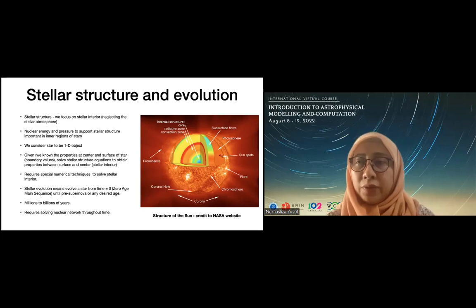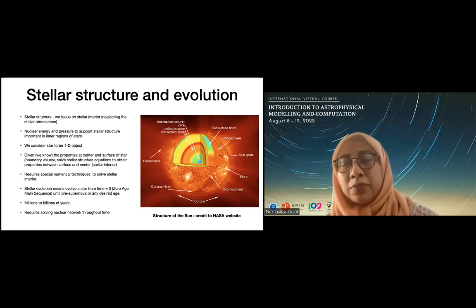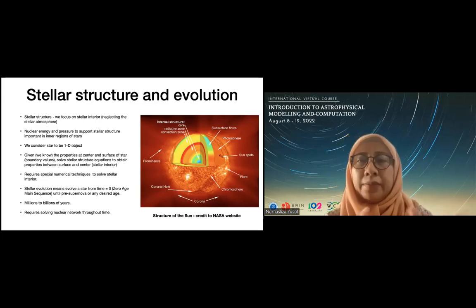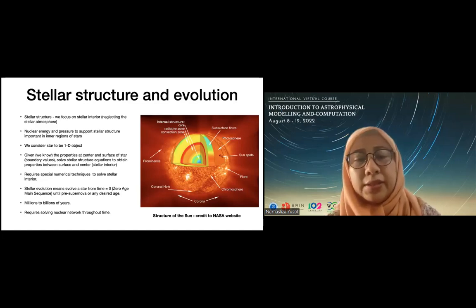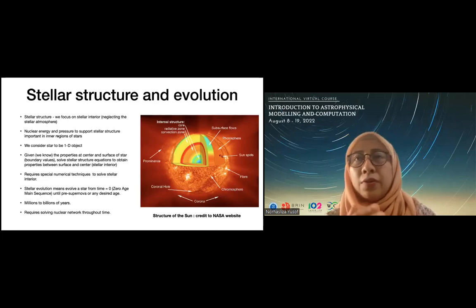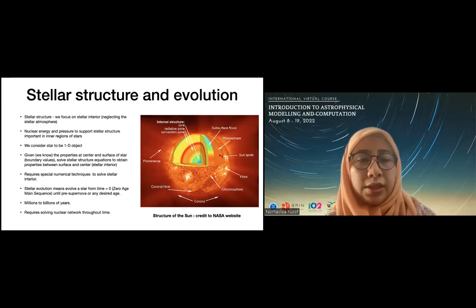First we have to build the structure, and then we have to evolve it with time. This means that stellar evolution evolves from time zero. Although now we can also evolve from the pre-main sequence, which is negative time, here we consider first time zero. This is also known as the zero-age main sequence, where hydrogen starts to burn at the core of the star.